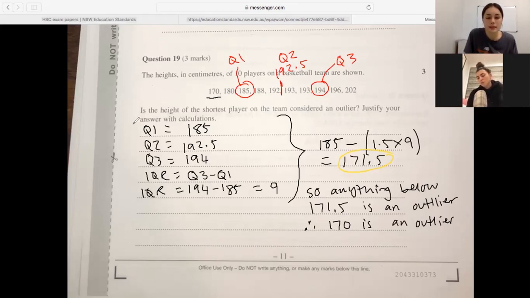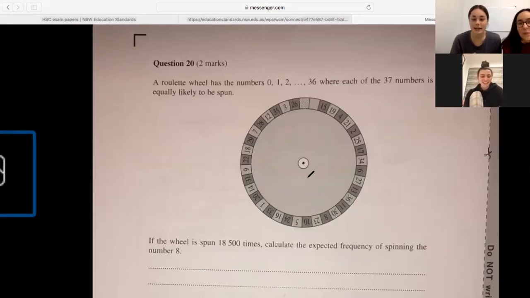So does it make sense how we get these numbers here and why we get those numbers there? Yeah. Q1, Q2, Q3s. Cool. Anyway, do you want to have a go at doing this one? Yeah, we go.